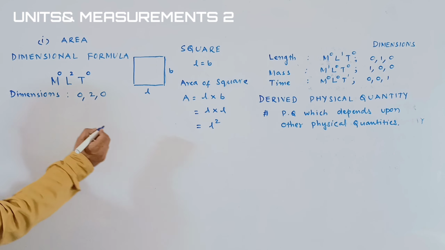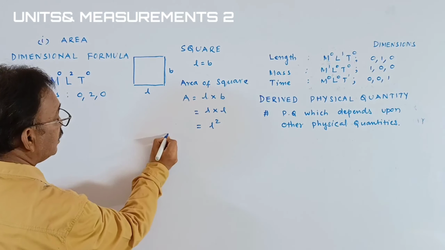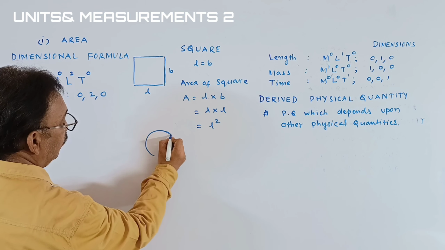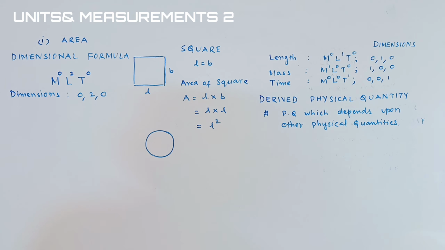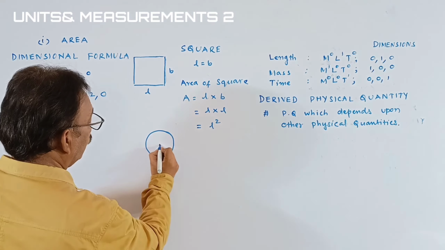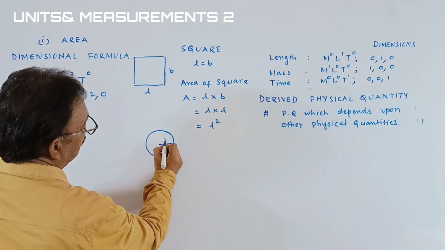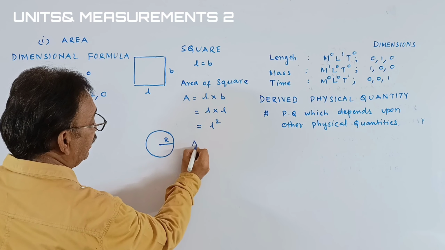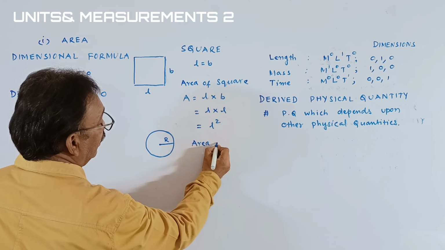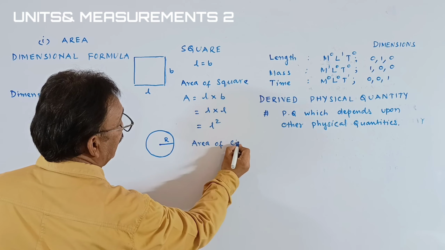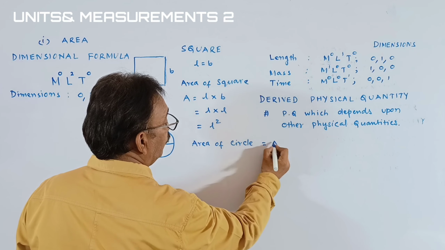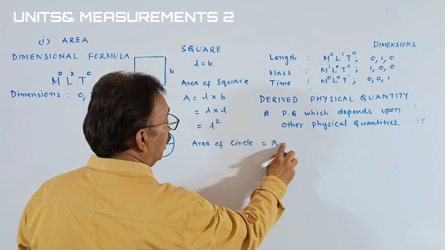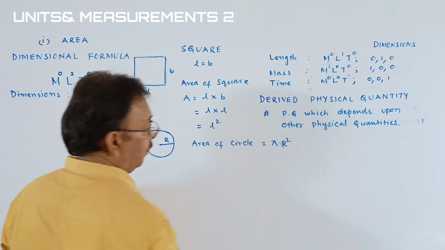Now we are taking a circle. Okay, I'm taking a circle. You know that a circle has the radius, and the area of a circle is pi into r square.